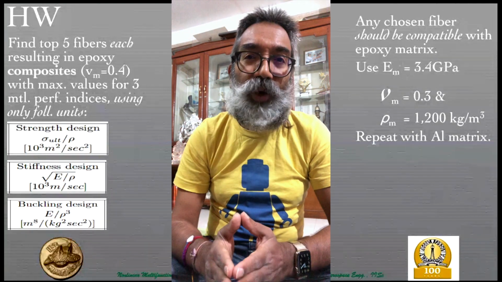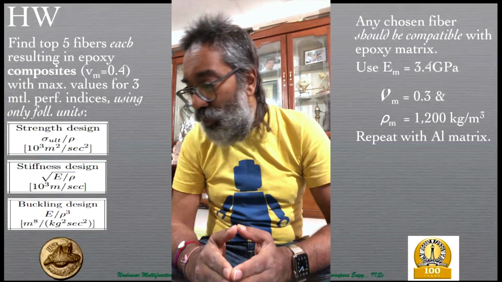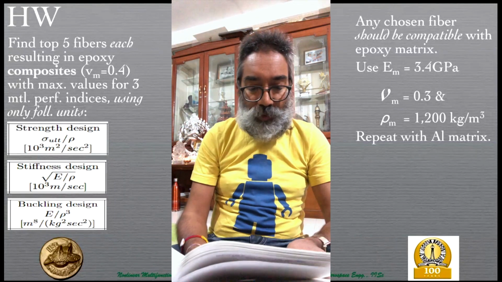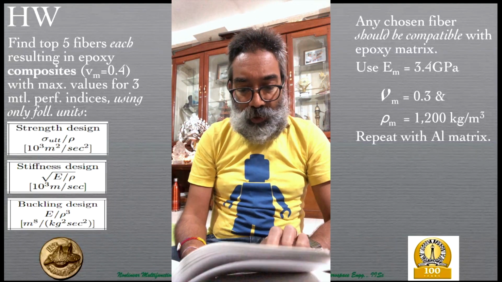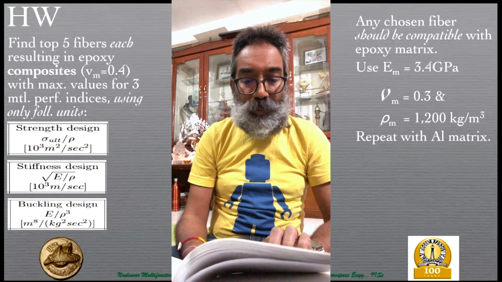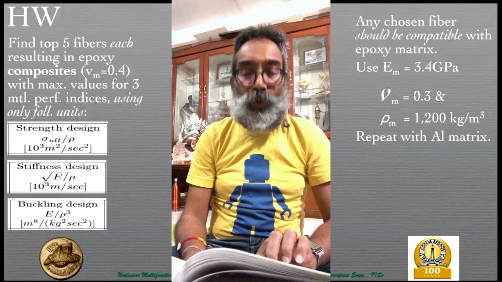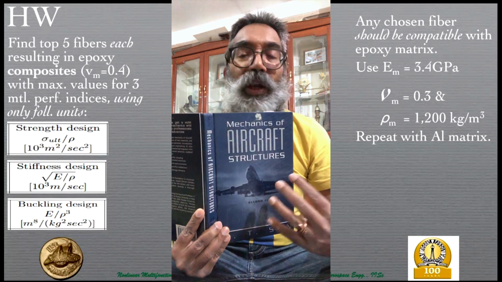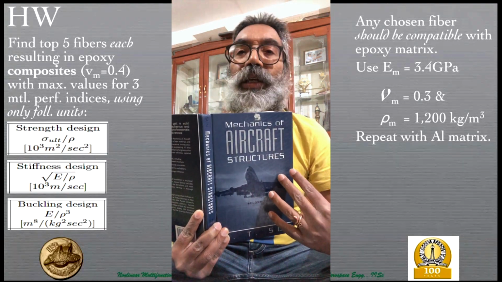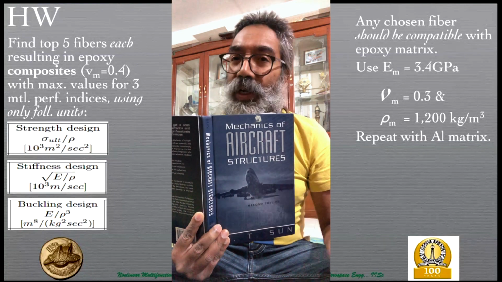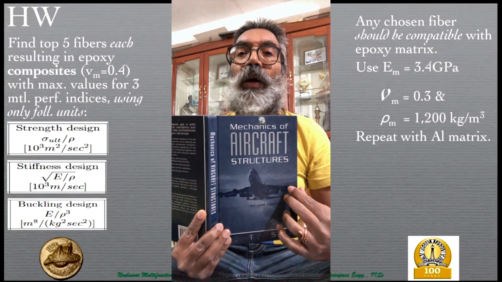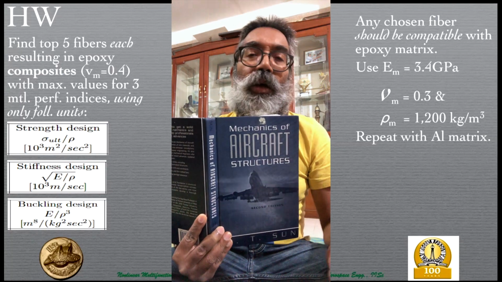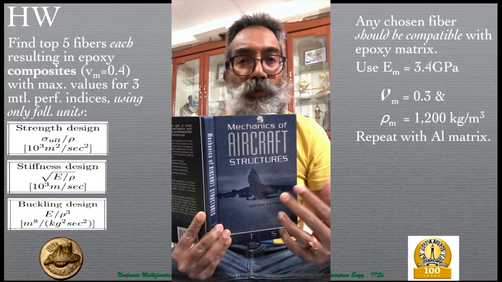So use the same properties that are given in your textbook, which is 72 gigapascals for the Young's modulus and 449 megapascals for sigma U. So this is what is given in your textbook, and your textbook is available. I'm sure most of you would have already seen it as an e-book, freely downloadable, unlimited, in the IAC library. So I've ordered this as well as many other books related to flight vehicle structures.